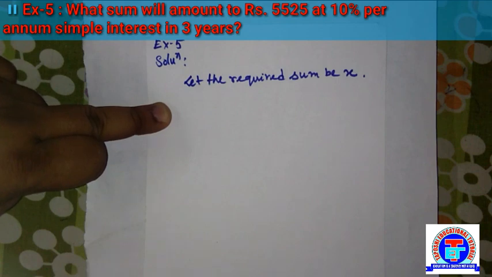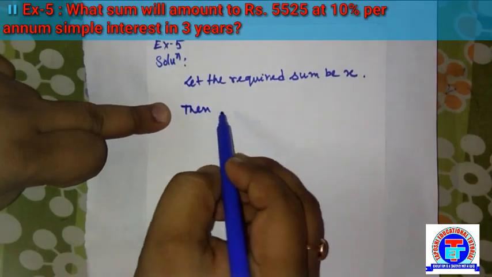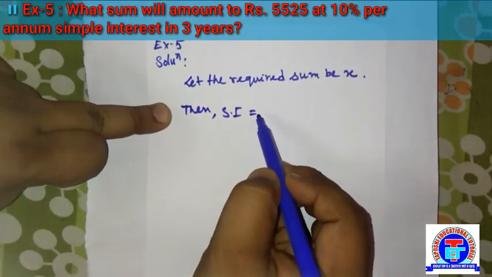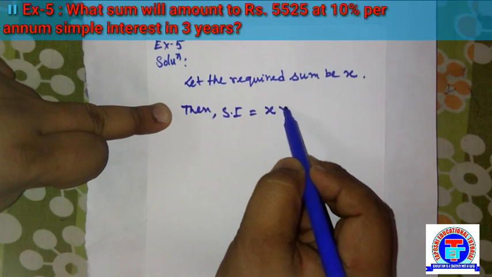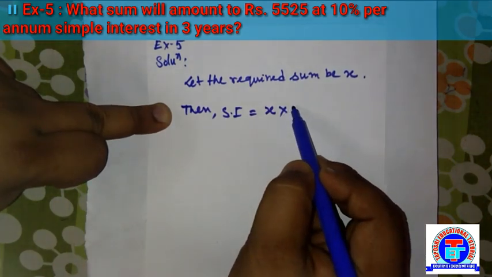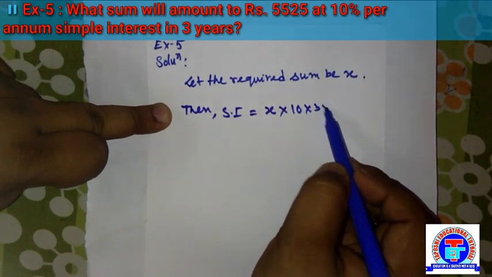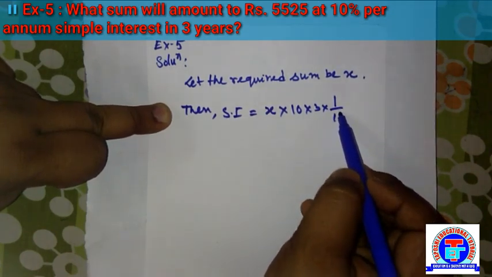Then we write SI is equal to x into 10 into 3 into 1 by 100.